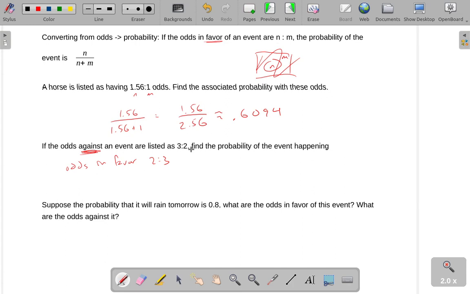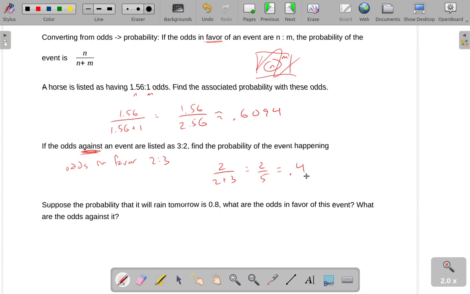Now that we have it written as the odds in favor, I can use this formula that I just gave you up here. 2 over 2 plus 3 is equal to 2 over 5, which would give us 0.4. So if the odds against the event are listed as 3 to 2, then the probability that's stating is 0.4.